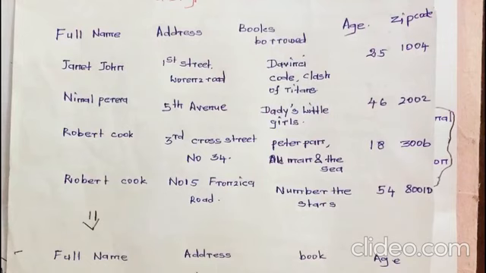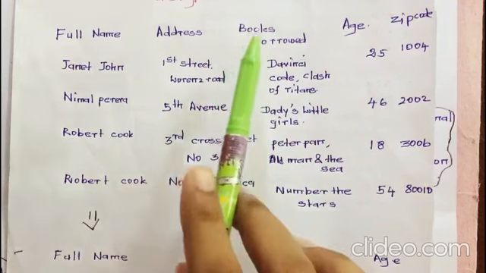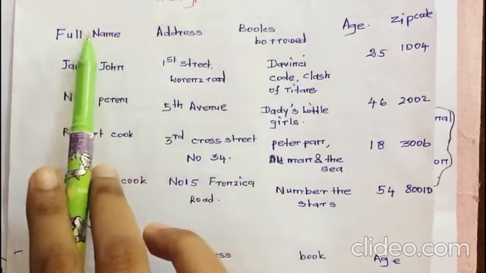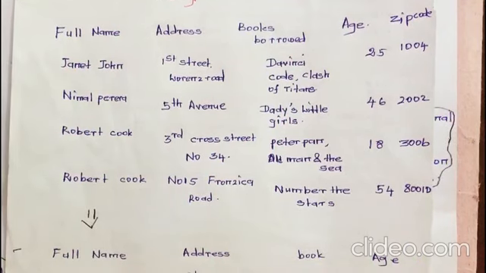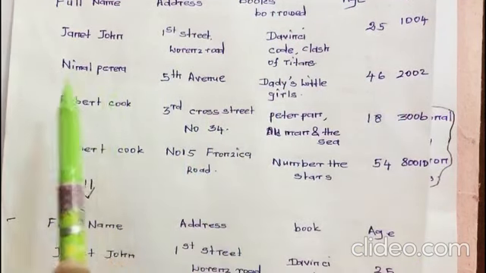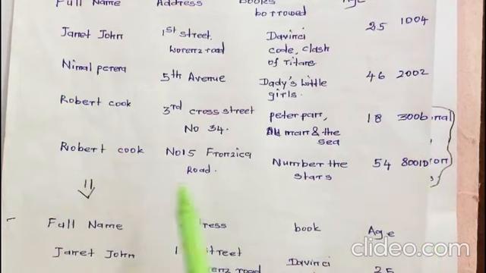Let's assume we have a database for a library management system, and there the details of books borrowed and the details of members are stored in a database. Here all the data are stored in a single table without any normalization.